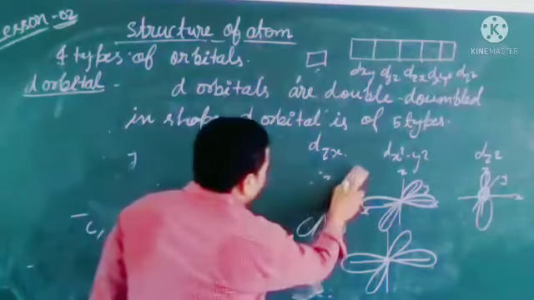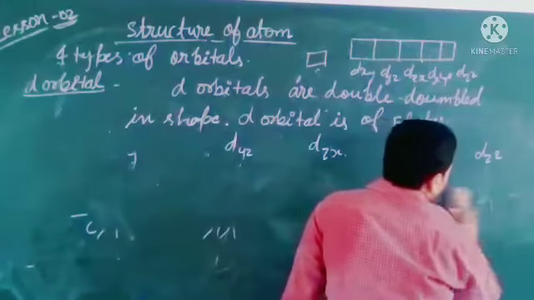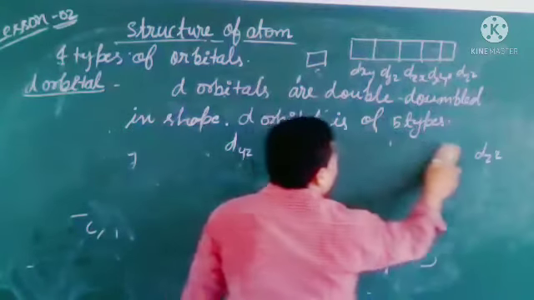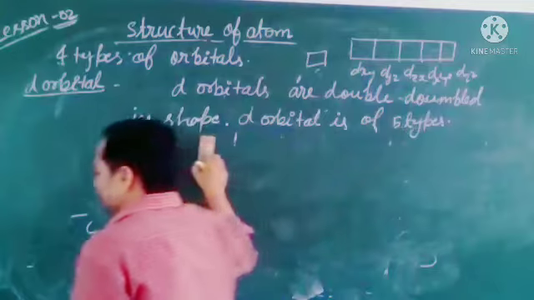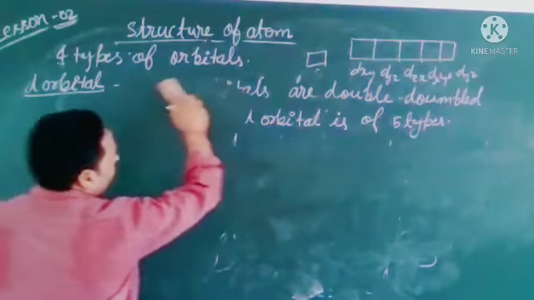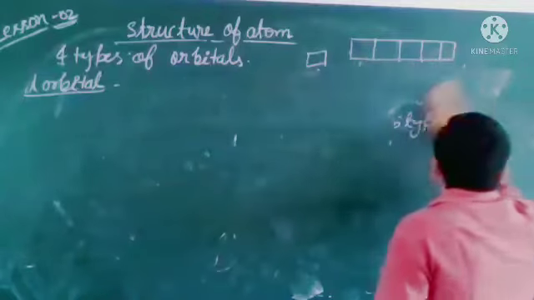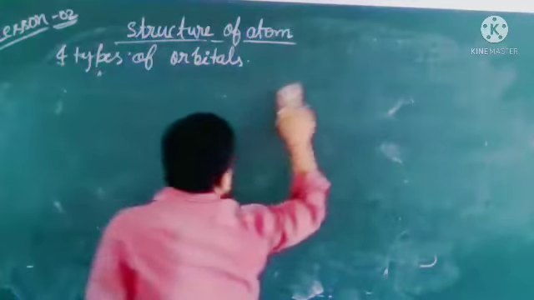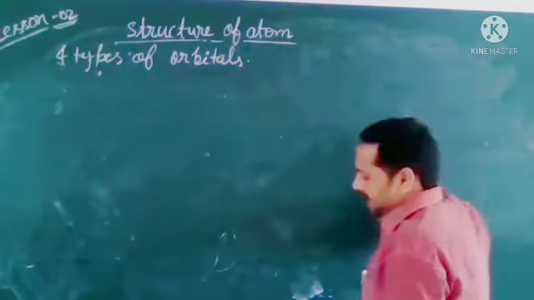Just understand. So here the shape of the orbital is not confirmed or not confined. Now we will talk about f orbital.